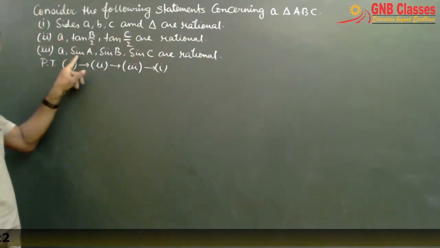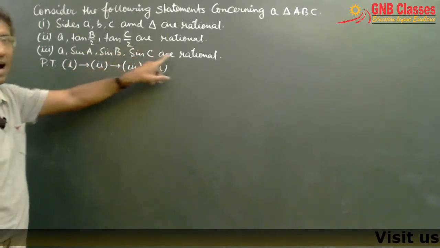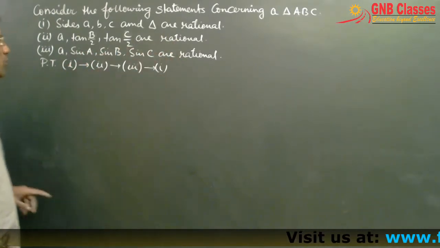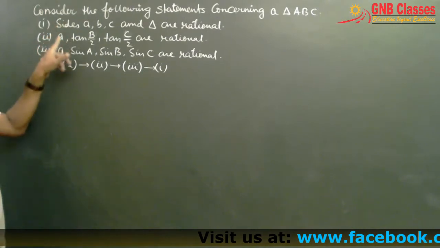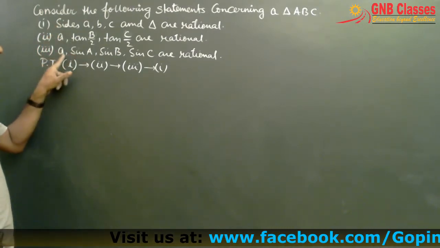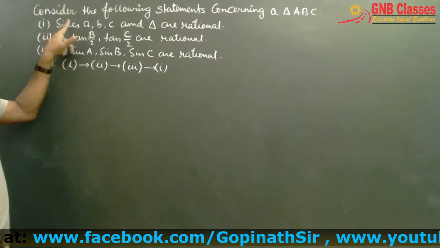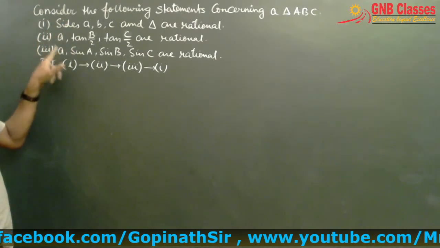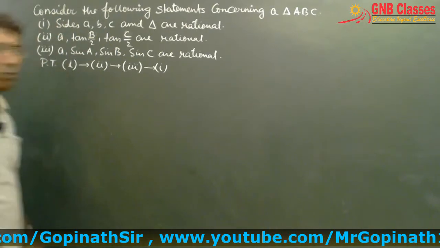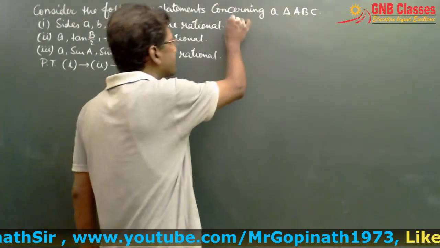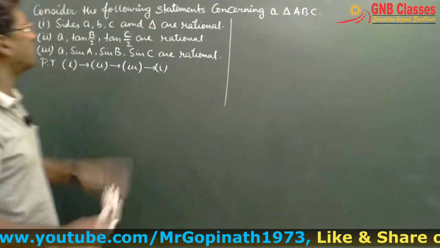Third one is sin A, sin B, sin C are rational. Now we have to prove that 1 implies 2, 2 implies 3 and 3 implies 1. Is it clear? So let me just start. Very interesting problem. Let me just start from the first one.